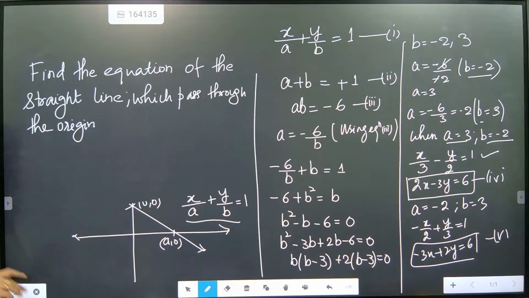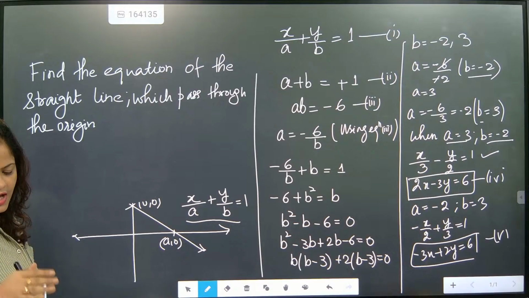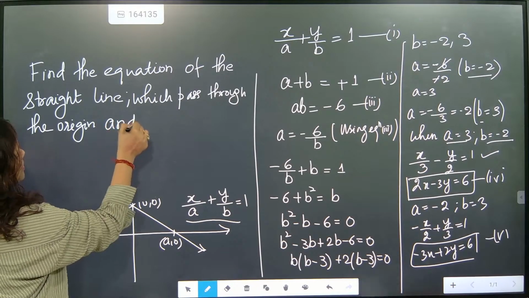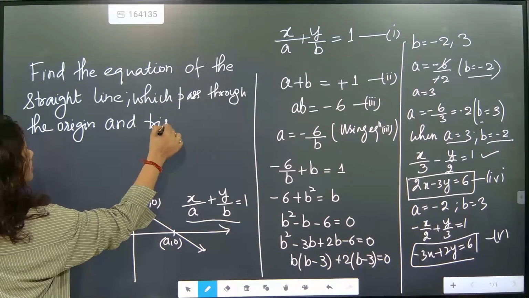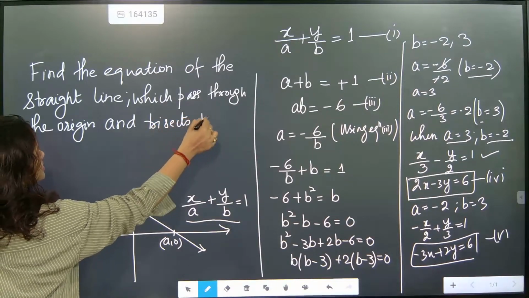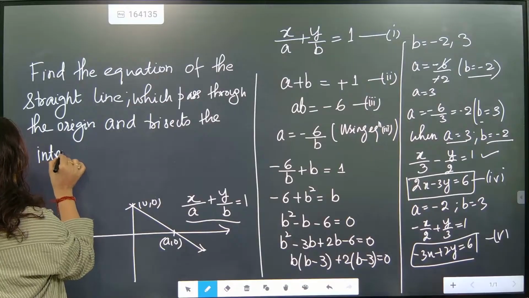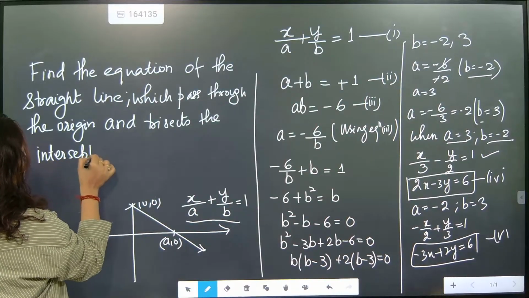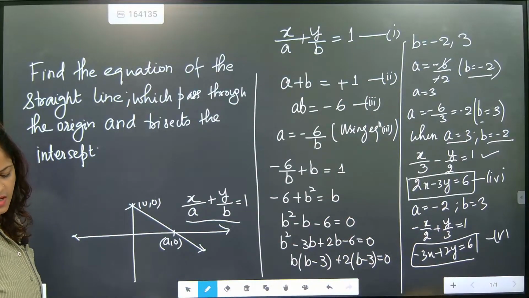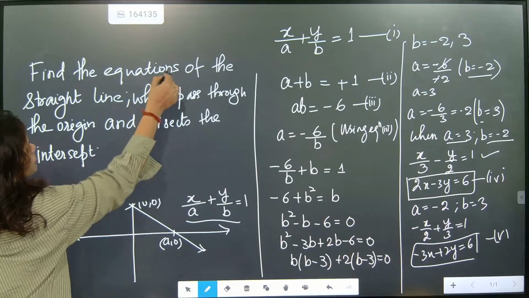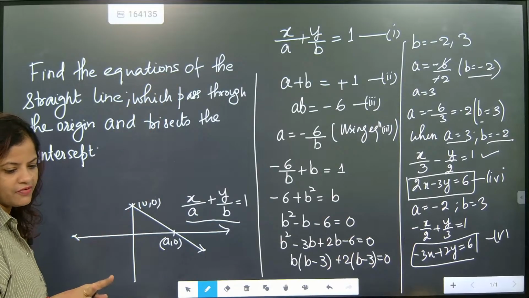Find the equation of the straight line which passes through the origin and trisects the intercepts. So that is, find the equations of straight lines, which means two equations of straight lines will be there.